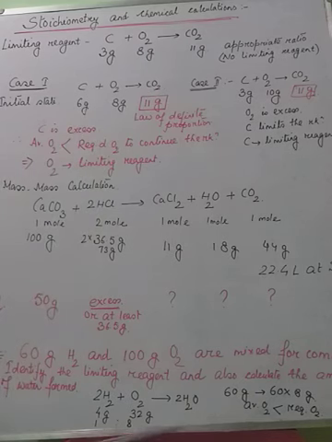It means the reactant which is inadequate and for which the reaction is being stopped in spite of the availability of the other reactant, we call this the limiting reagent.